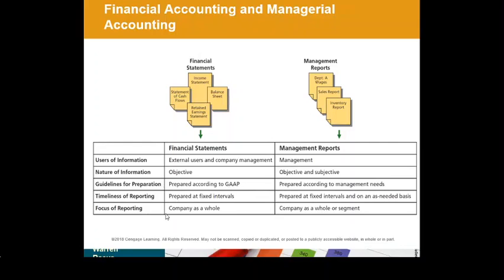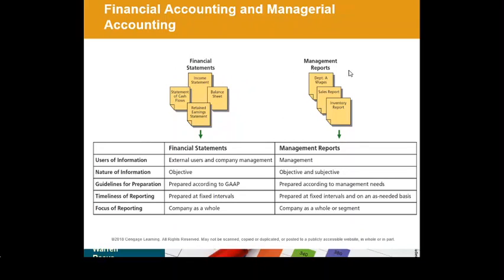The focus of reporting for financial accounting information portrays the company as a whole. However, the management report can portray the company as a whole, or just a segment, or just a department in the company. So basically, the financial statement caters to external users. The information portrays the performance of the company to be used by external users.